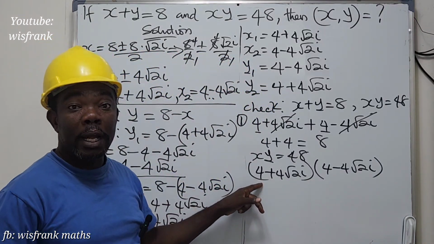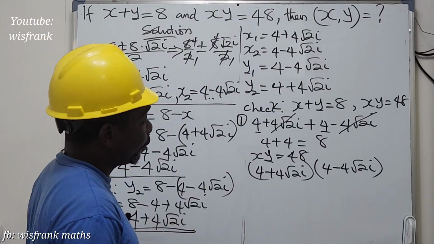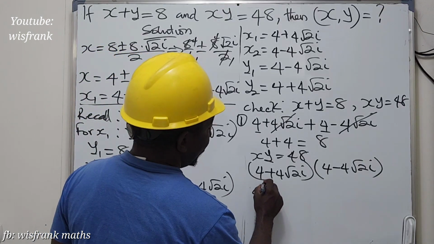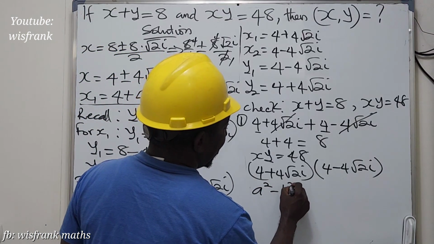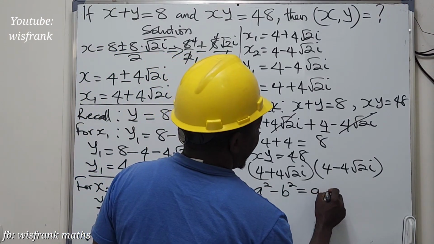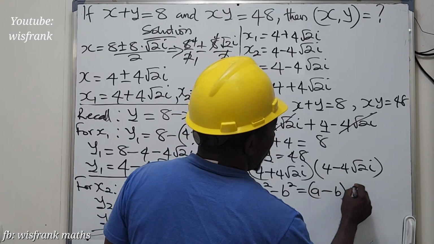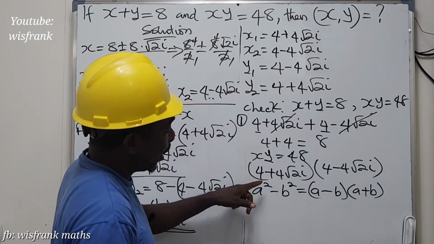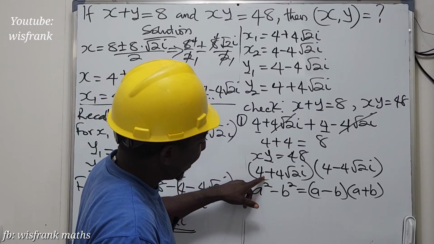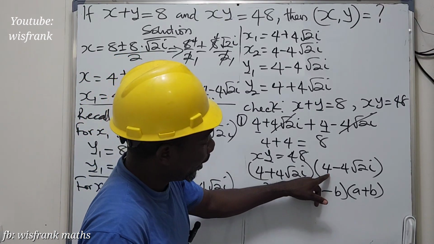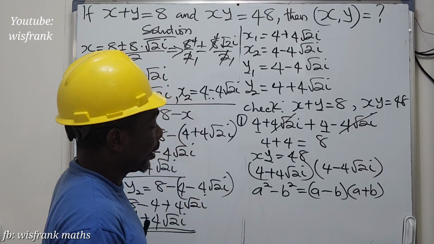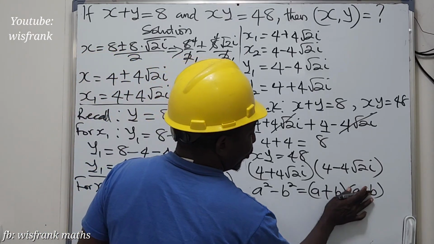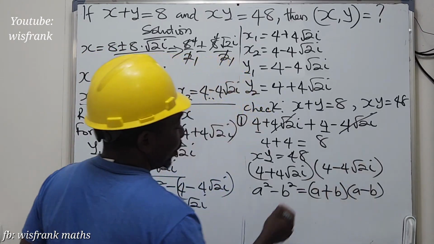Here, if you look at it closely, it is in this form when we have a to the power of 2 minus b to the power of 2, which is equal to a minus b all into a plus b. So here we have a plus b and a minus b; we write plus here, then we turn this to minus. So this is what we have.